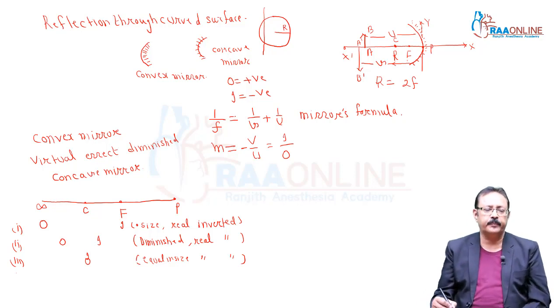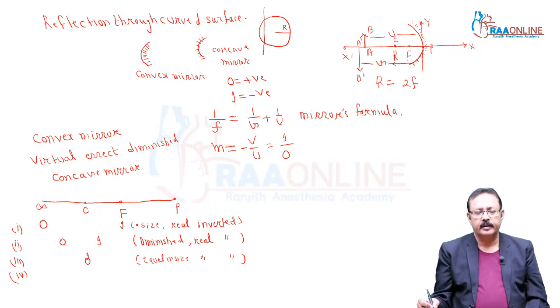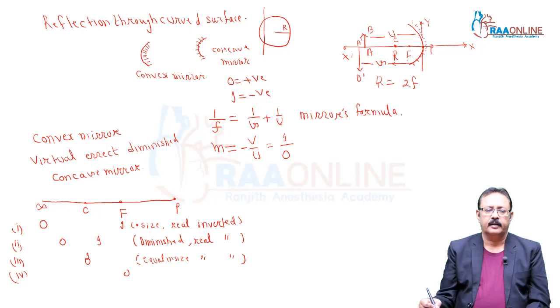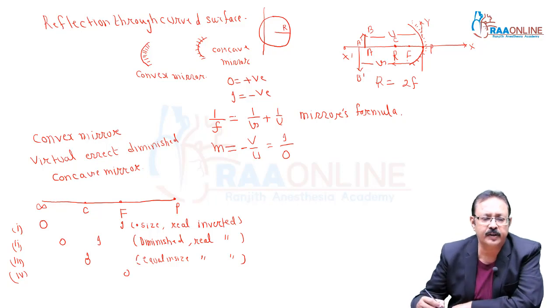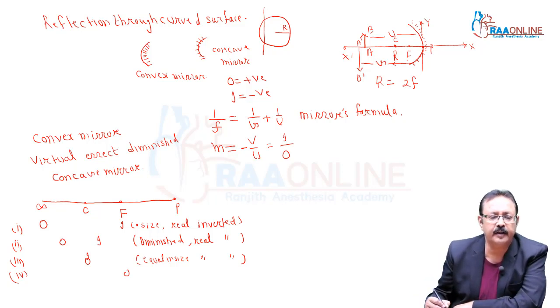What we did: the first step was object at infinity, then between infinity and C, then we put it at C. Now, between C and F, we are putting the object between the center of curvature and focus.